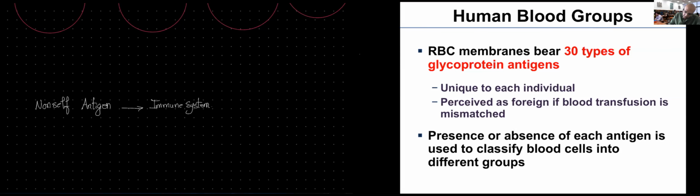Means that you've got exposed to an antigen that doesn't exist on your cells.